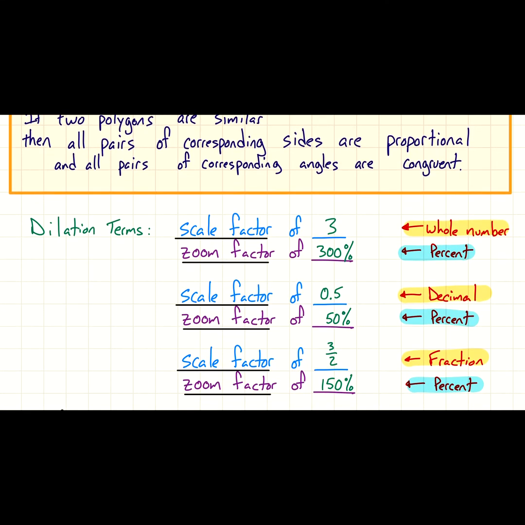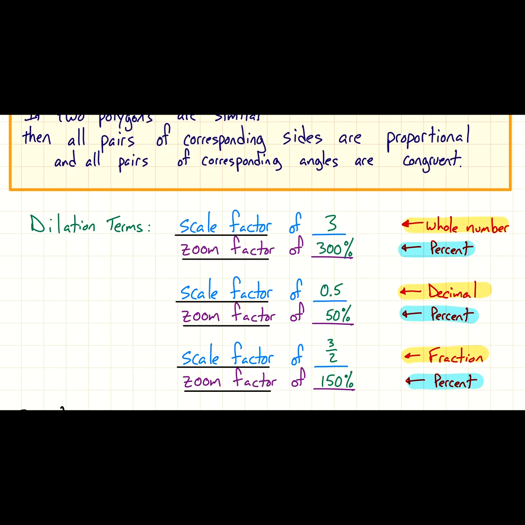This is going to come in a little bit more useful in future lessons. And so what I wanted to reiterate was our use of the term scale factor and zoom factor. They pretty much mean the same thing, except how we write them tends to be a little bit different.